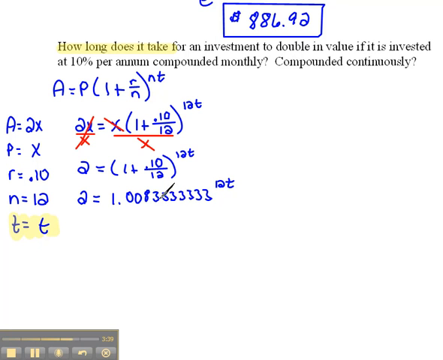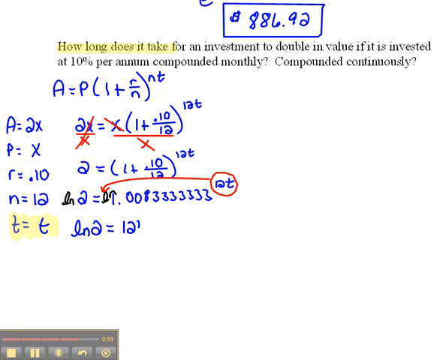Okay, so now, since I'm solving for a variable that's up in an exponent, we're going to have to take the natural log of both sides. So I'm going to do that. Now that leaves us with the natural log of 2 equals, by doing that, we can now bring that exponent right down in front of that natural log.